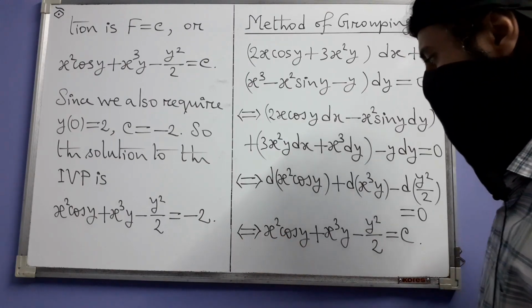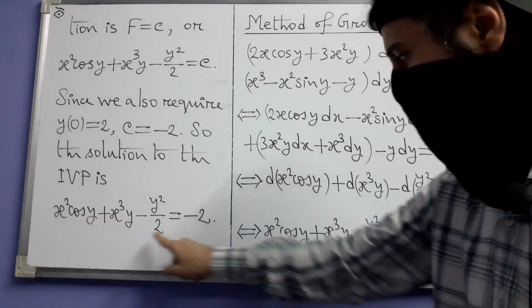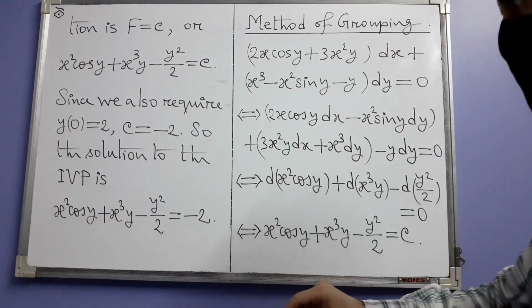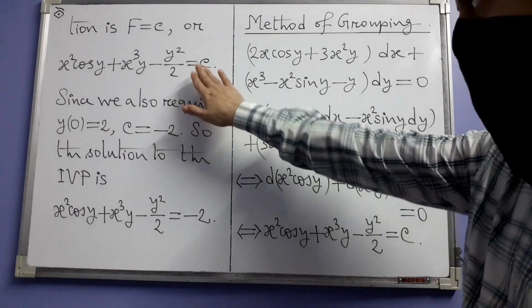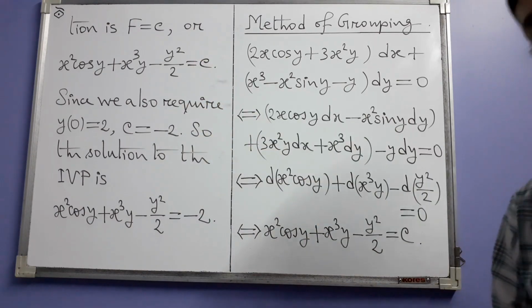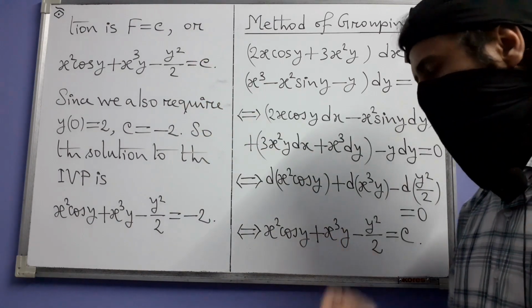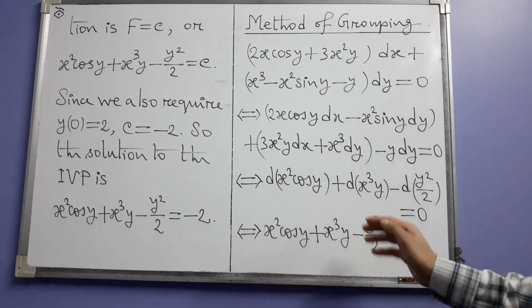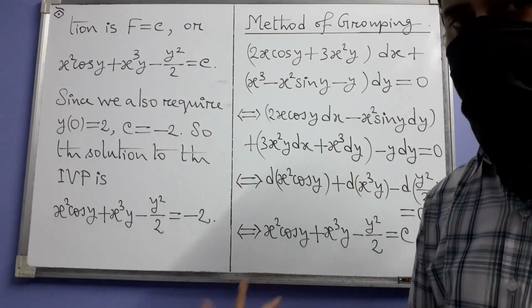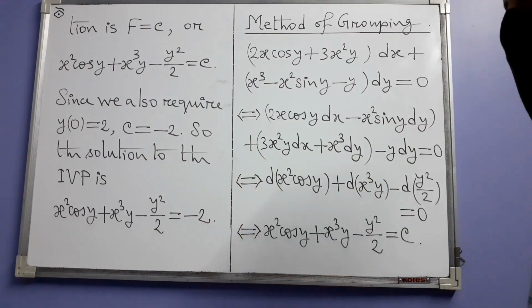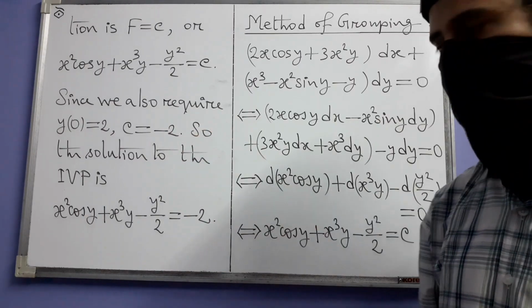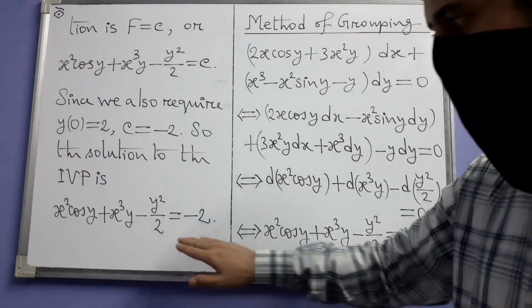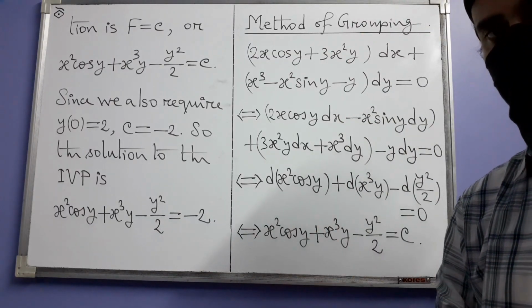Is it the same equation? x² cos y plus x³ y minus y²/2, equal to C. So yes, you are getting that same general solution to our differential equation. And after that of course this procedure is the same, there is no difference. So you will again get C equal to minus 2, and you will get that exact same solution to the IVP.